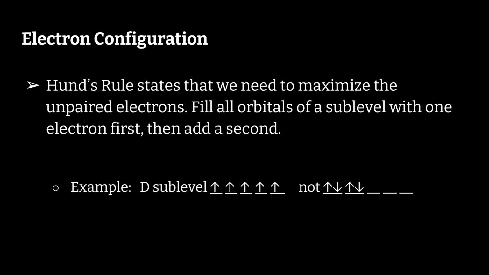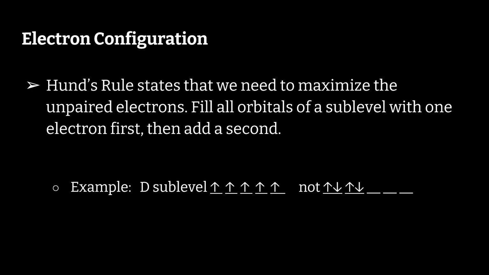Next we have Hund's rule, which states that we need to maximize the unpaired electrons. We want to fill all the orbitals of a sublevel with 1 electron first and then add a second. And so, for example, if we have the d sublevel, we want to have all of the electrons in the up position, taking up each space and not just randomly throughout.